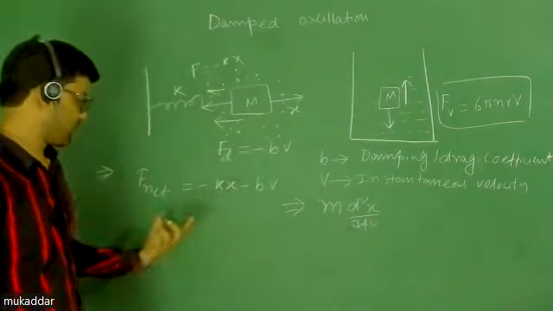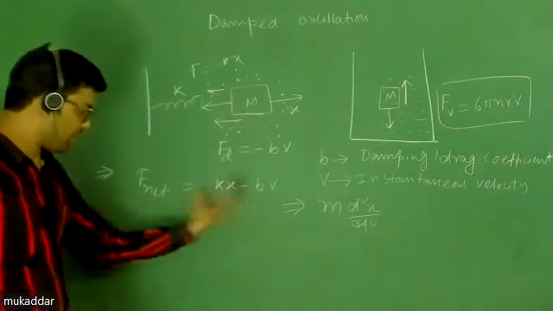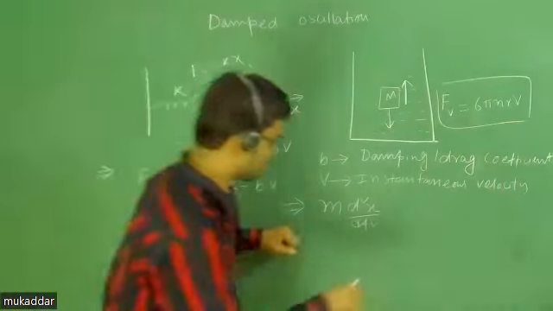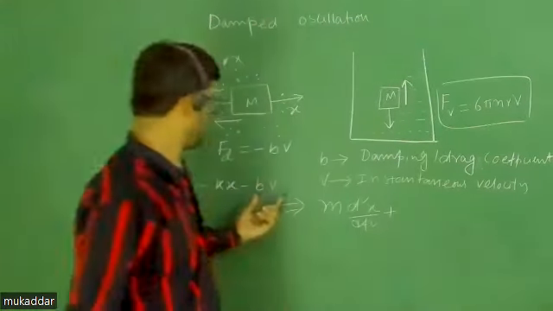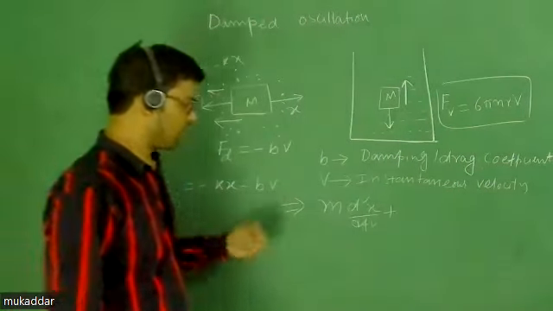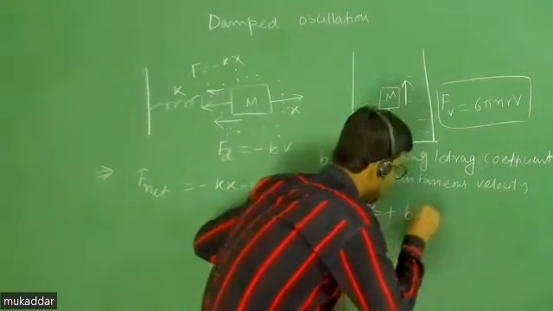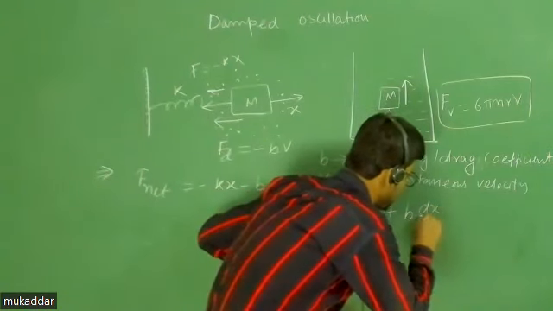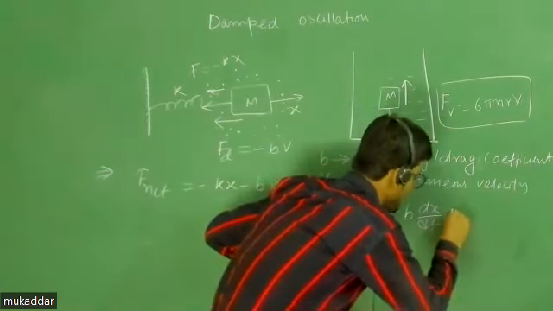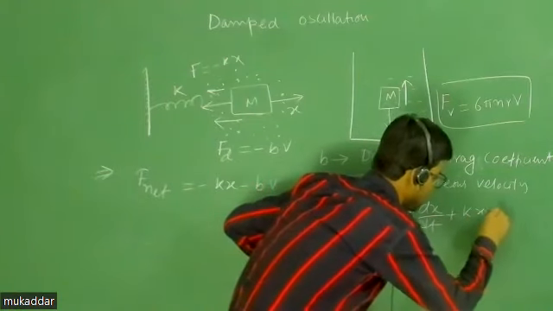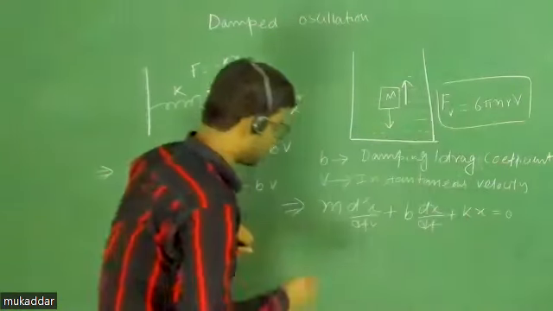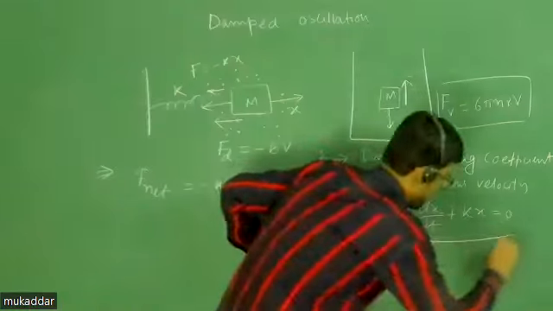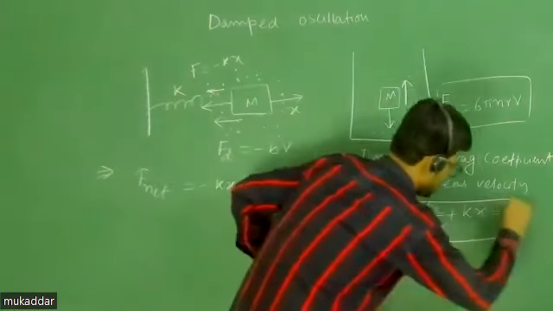I will bring this term to the left hand side, so that will be m d square x by dt square, plus b into v, and v is nothing but dx by dt, plus the last term kx, equal to 0. So this is the differential equation of damped oscillation.